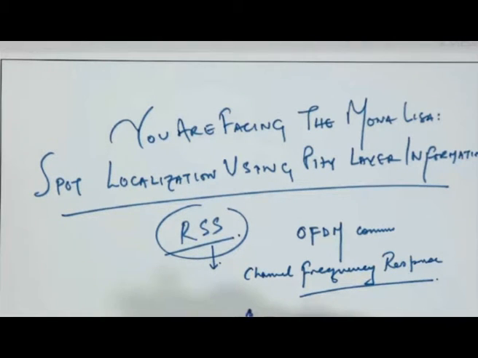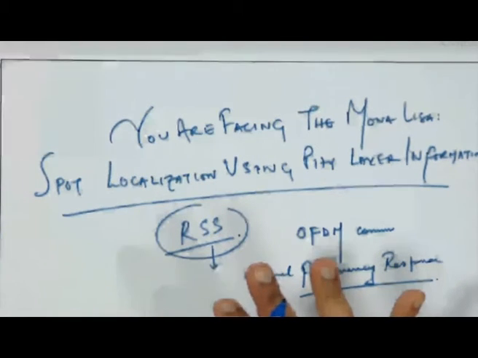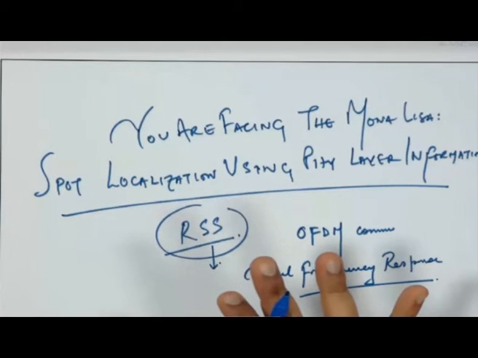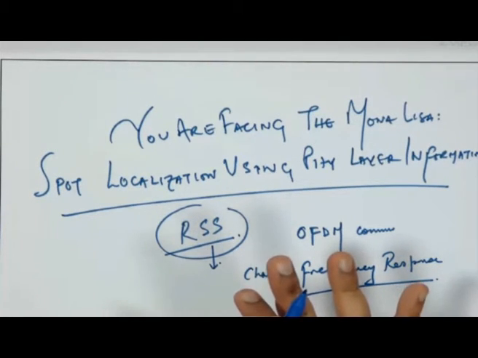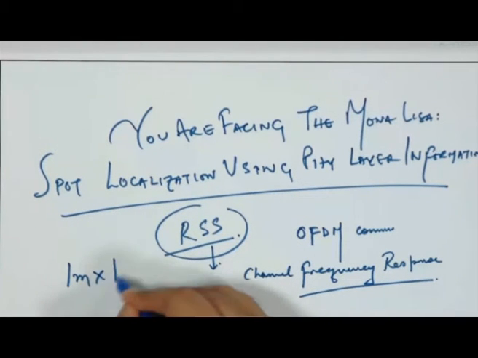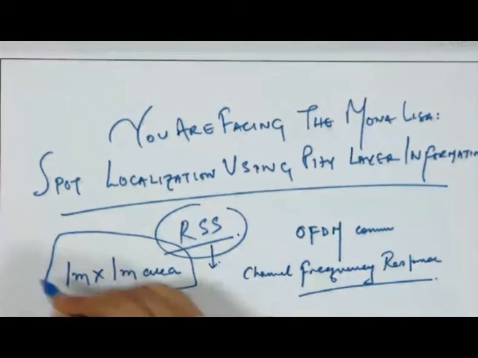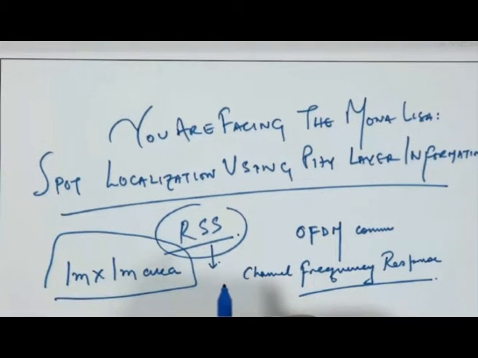Can we use this to target the problem of spot localization, where success is defined as the ability to place a device within a 1x1 meter area? So this is what you have to achieve.